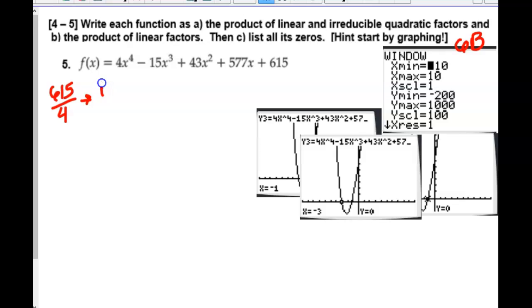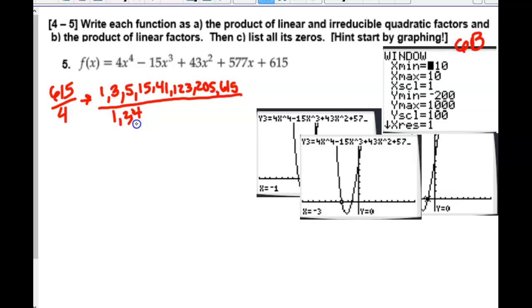The factors of 615 were 1, 3, 5, 15, 41, 123, 205, and 615. And the factors down here of 4 were 1, 2, and 4.